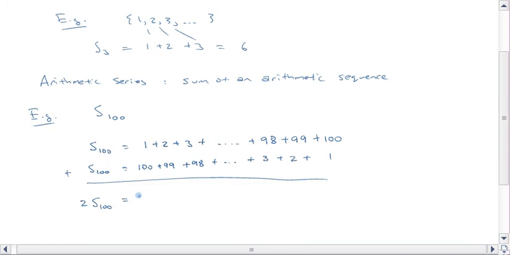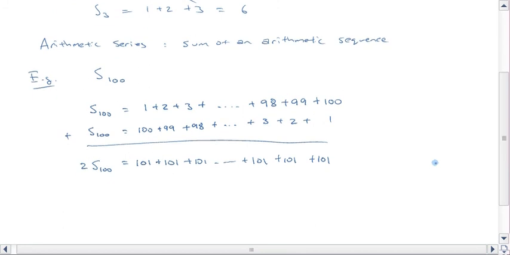So 1 plus 100 is what? 101. 2 plus 99 is what? 101. 3 plus 98 is 101. All these things will add up to 101, all the way up to 98 plus 3 is 101, 99 plus 2 is 101, 100 plus 1 is 101. Okay, so maybe I'm not completely nuts.